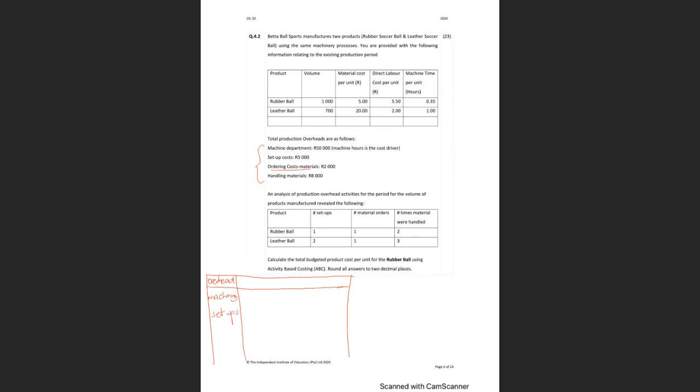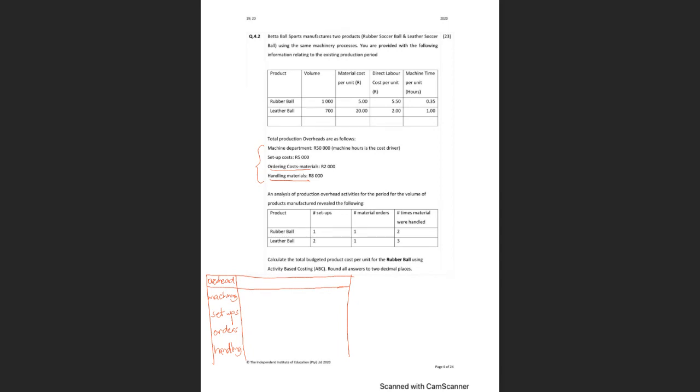Then you had ordering costs, so I'm just going to say orders, and then handling. Those are your 4 different activities that go into the overheads.